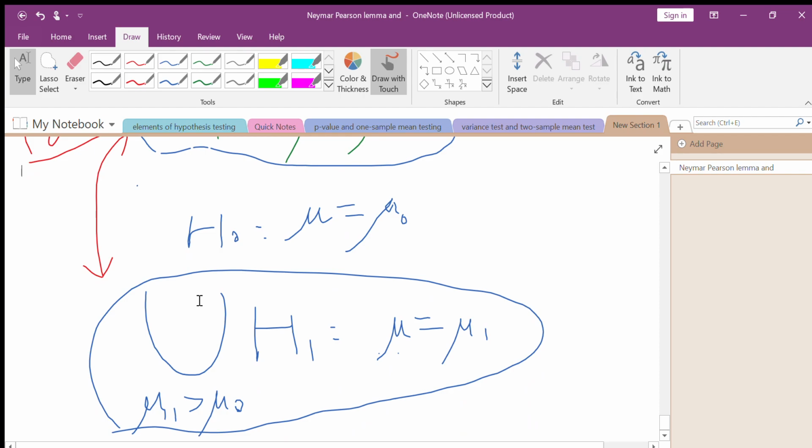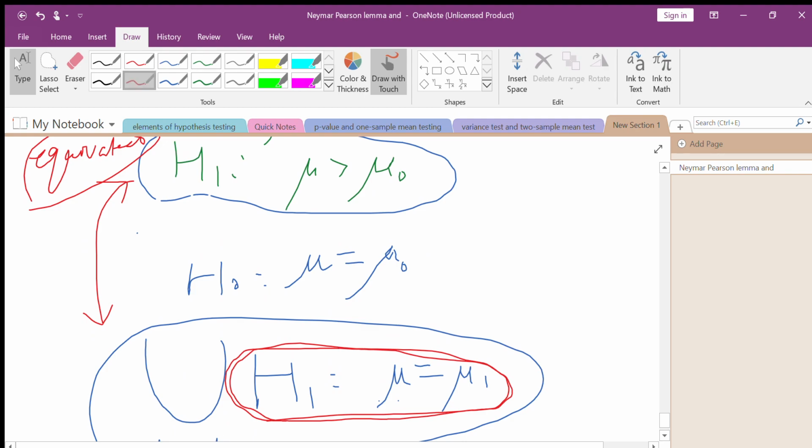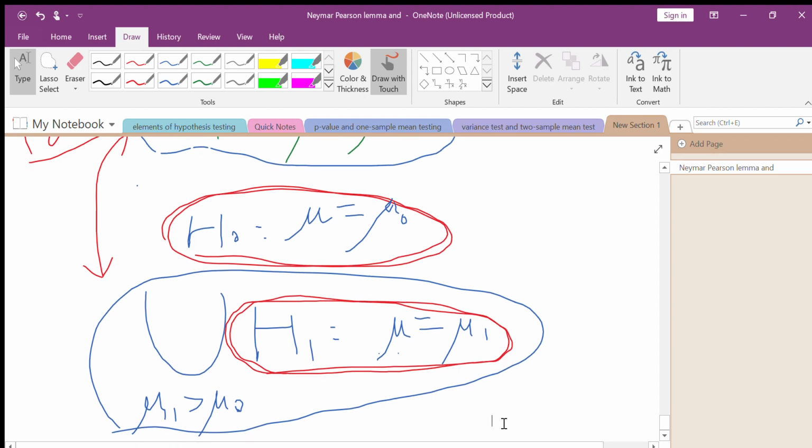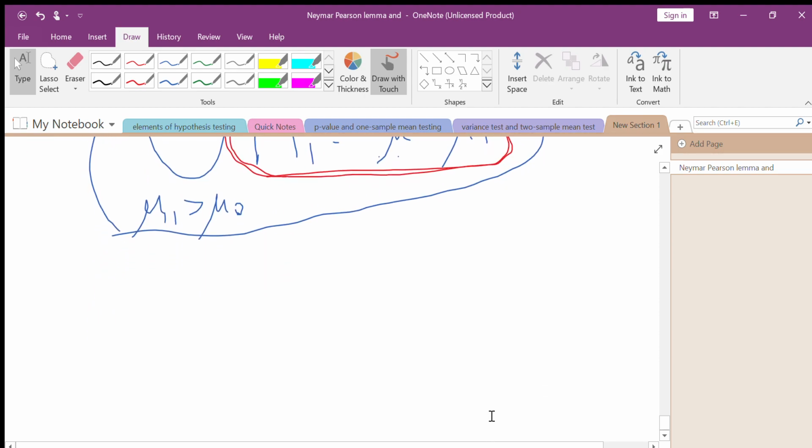And to apply the Neyman-Pearson lemma, we select one fixed value of mu 1 which is greater than mu 0, and we see this pair of hypotheses to apply the Neyman-Pearson lemma, which means what we do is consider H0: mu equals mu 0, H1: mu equals mu 1.